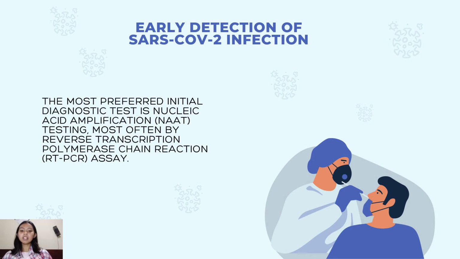The most preferred initial diagnostic test is nucleic acid amplification testing, most commonly with a reverse transcription polymerase chain reaction or PCR. The protein-based diagnostic tests are of two types, namely the antigen test and the antibody test.